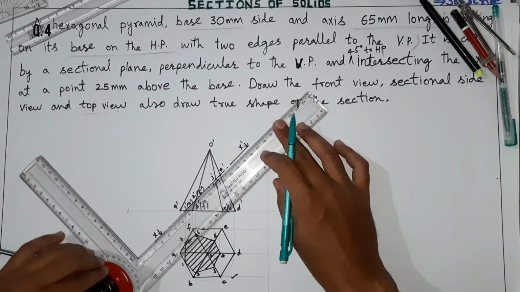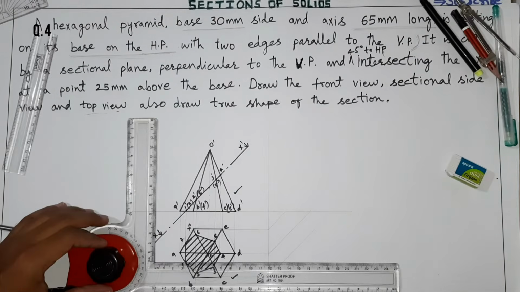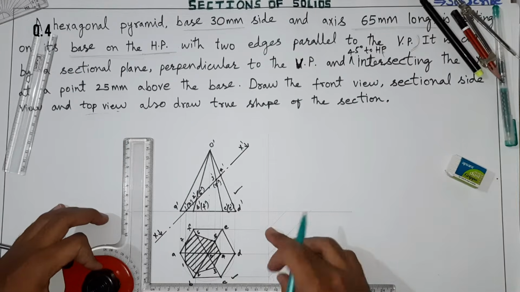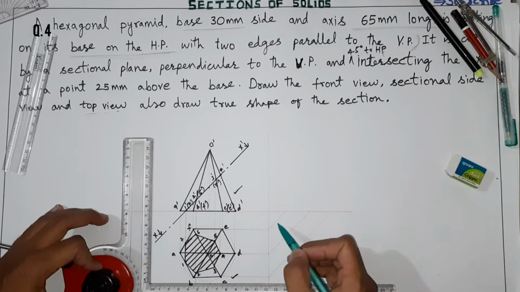So I will quickly do that. I have taken all the projectors from here, and then at 45 degree you have to bend. Okay, all are at 45 degree with respect to the vertical line.